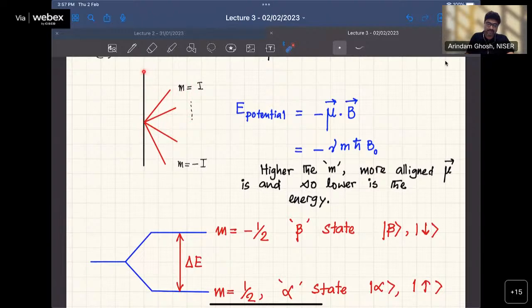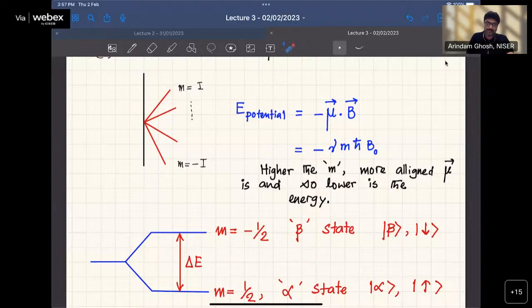This black line is along the Z, and because of this negative sign, the higher the M, the more aligned the mu and B, because M h-cross is the alignment. So higher M means a longer Z component. A longer Z component will only come when this vector is closer to the Z axis. Therefore, the higher the M, the more aligned the mu is, and so lower is the energy.